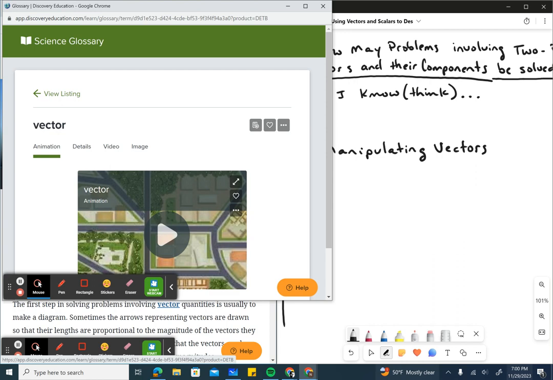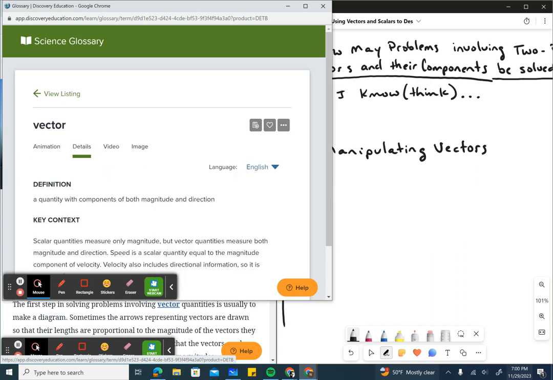Vectors. What exactly is a vector? A quantity with components of both magnitude and direction. You remember that from your last explore, right? Versus a scalar, which only had magnitude, right? Vector quantities measure both the magnitude and the direction, okay?